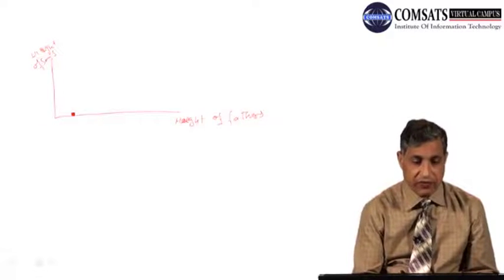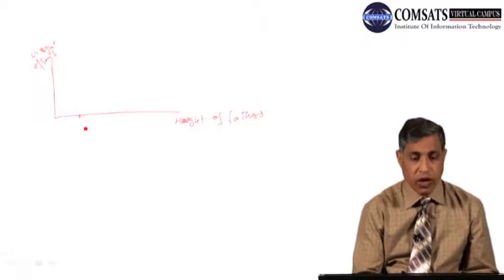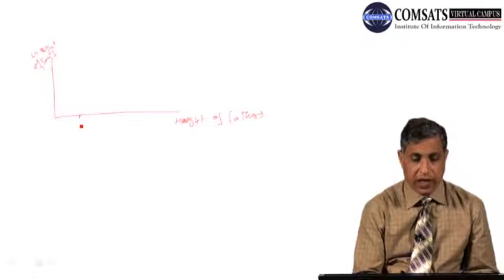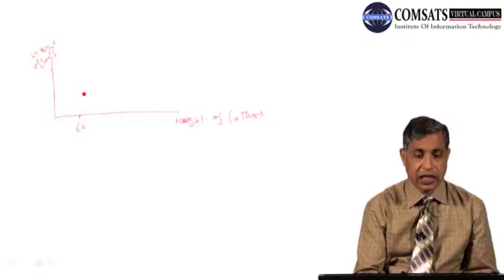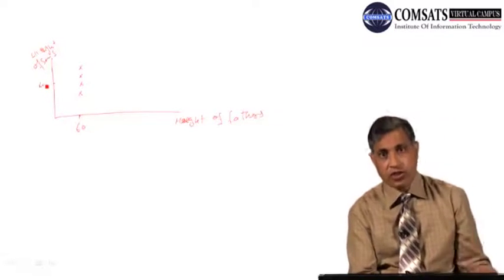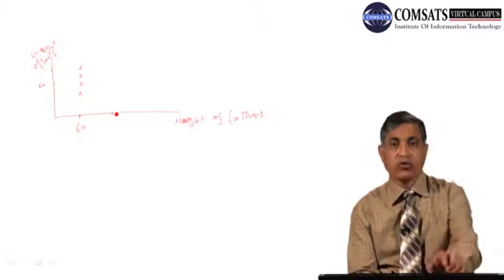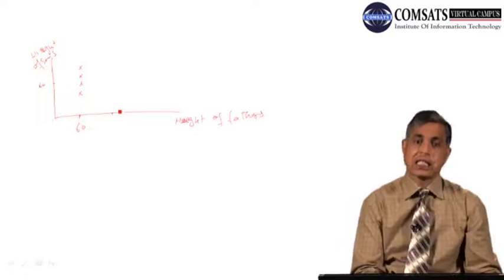If there are fathers who have a height of 60 feet, and their children have heights like this, some are above 60 and some below, here we have fixed the value of x at 60.